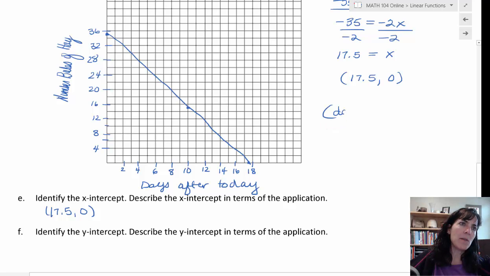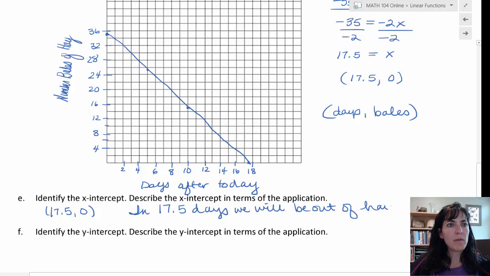So it's days, bales. When we're trying to interpret our intercepts, the number of days is 17.5 and 0 bales. So in 17.5 days, we will be out of hay. That's an interpretation for the x-intercept.